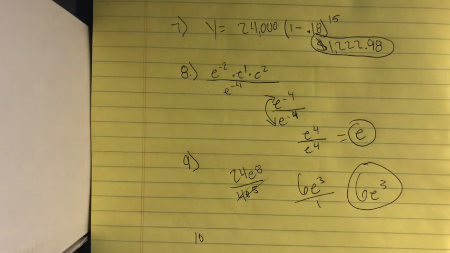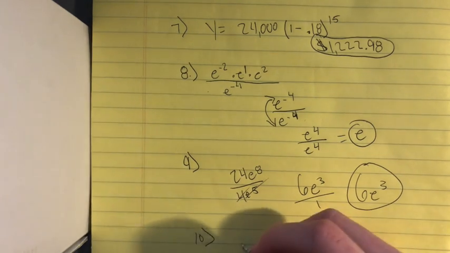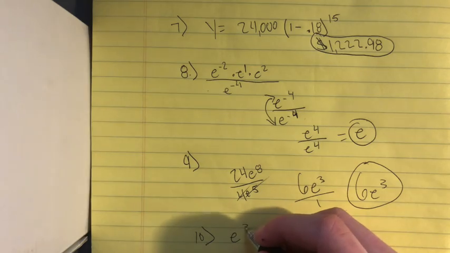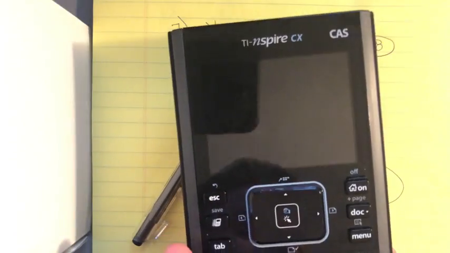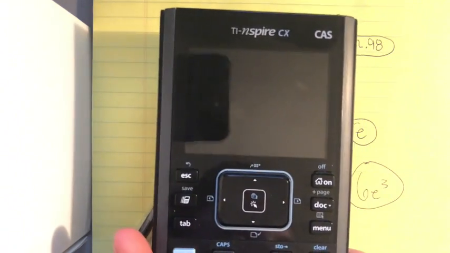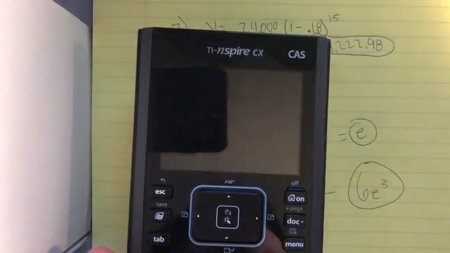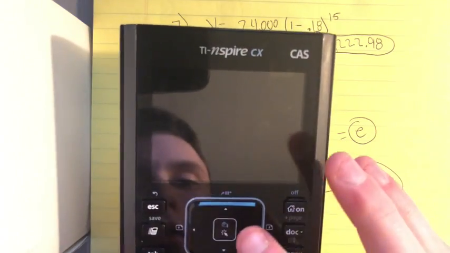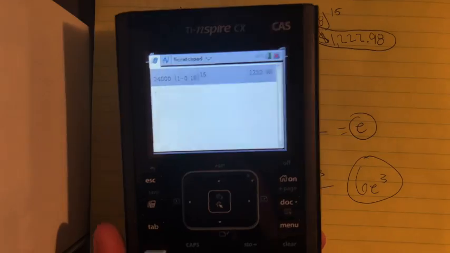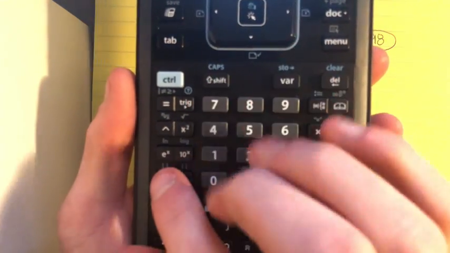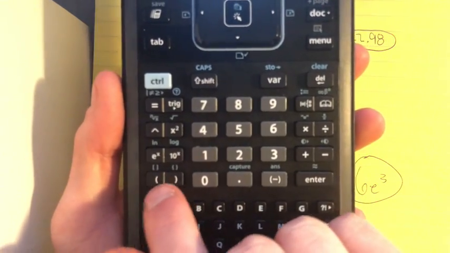This one says use a calculator to evaluate E times 3 to the 4th. Get our handy dandy Exponents Solver TI Inspire CX. So we gotta do E is right here next to the 10x right above the parentheses.